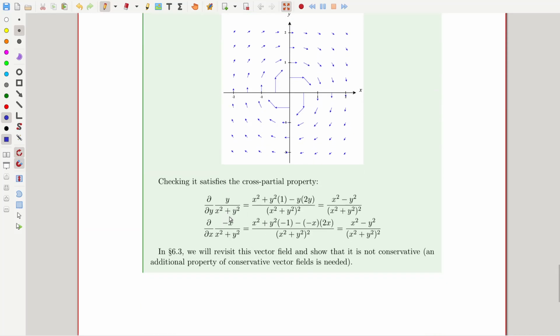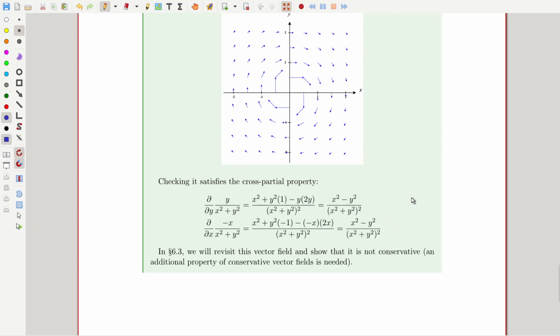That involves quotient rule, because top and bottom of this have a y, so I have to use quotient rule, and top and bottom of this have x, so I have to use quotient rule. I wrote out all the steps for quotient rule, just in case. When you simplify the numerator, you end up with this, and you end up with this. And these two are clearly equal. So this vector field satisfies the cross partial property.